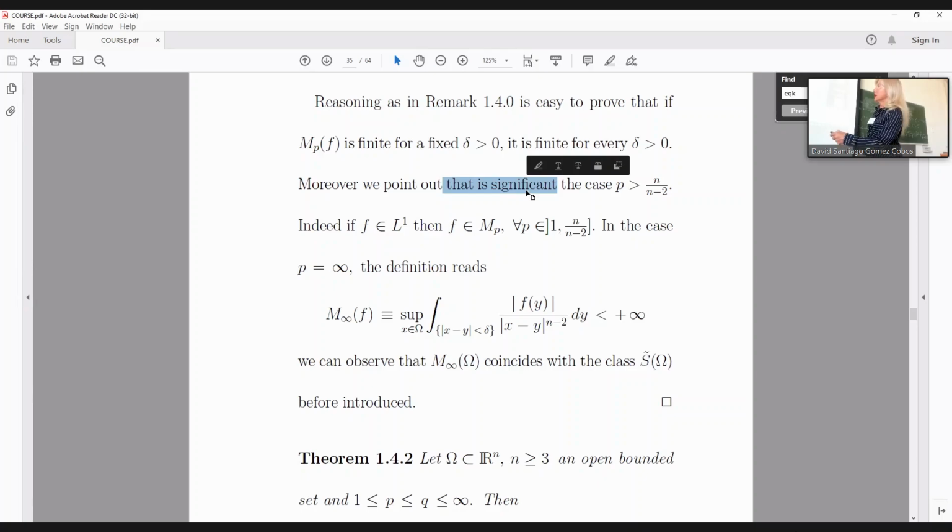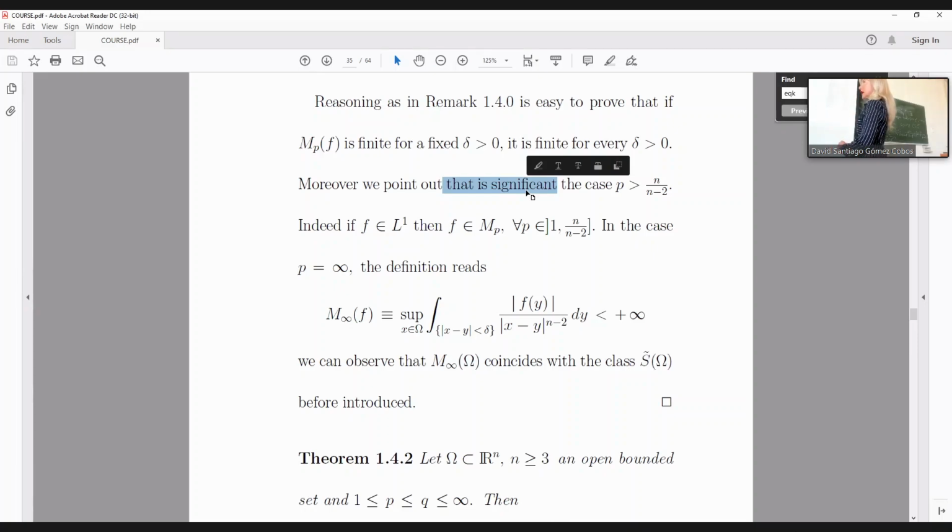Indeed, this is called M infinity, and is a supremum of x in omega, such that x minus y in absolute value is less than delta, of the function f in absolute value over the absolute value of x minus y with exponent n minus 2. So if this quantity is finite, it is M infinity, this is MP with these two exponents p and 1 over p.